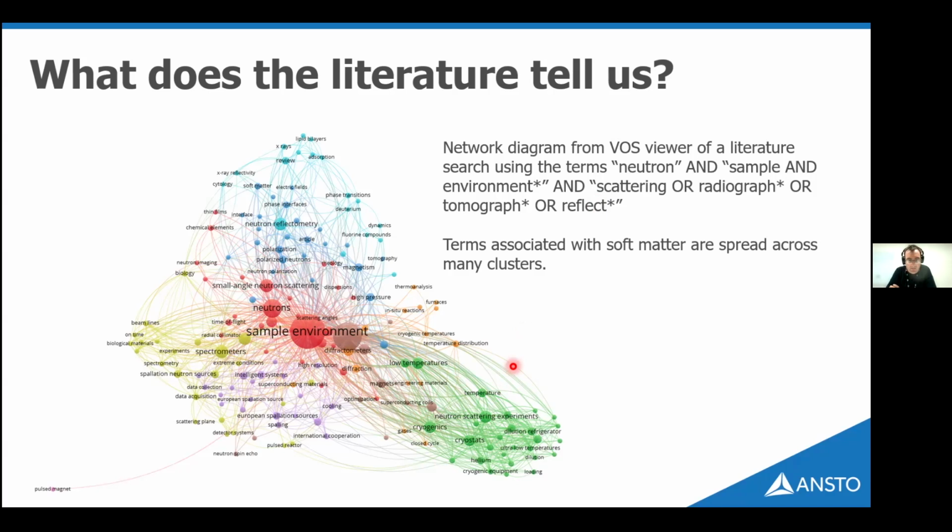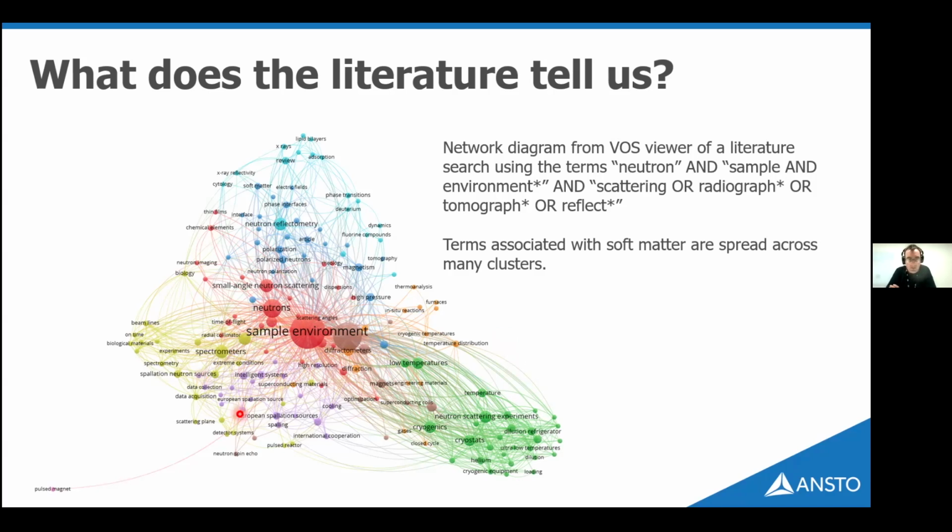For the purposes of what we were doing, we were interested in the more soft matter aspects. But we found that the terms you would associate with soft matter were spread across all the other clusters, across all the different colors.